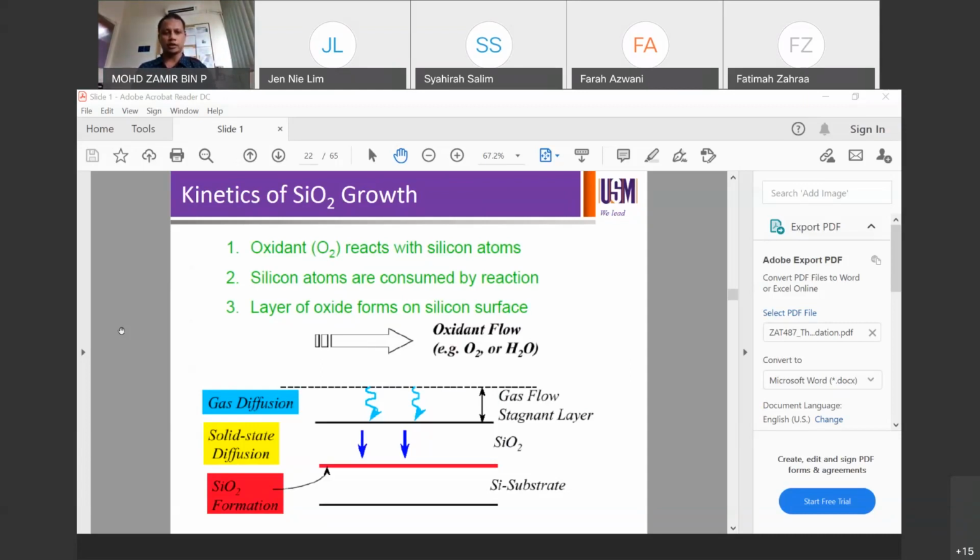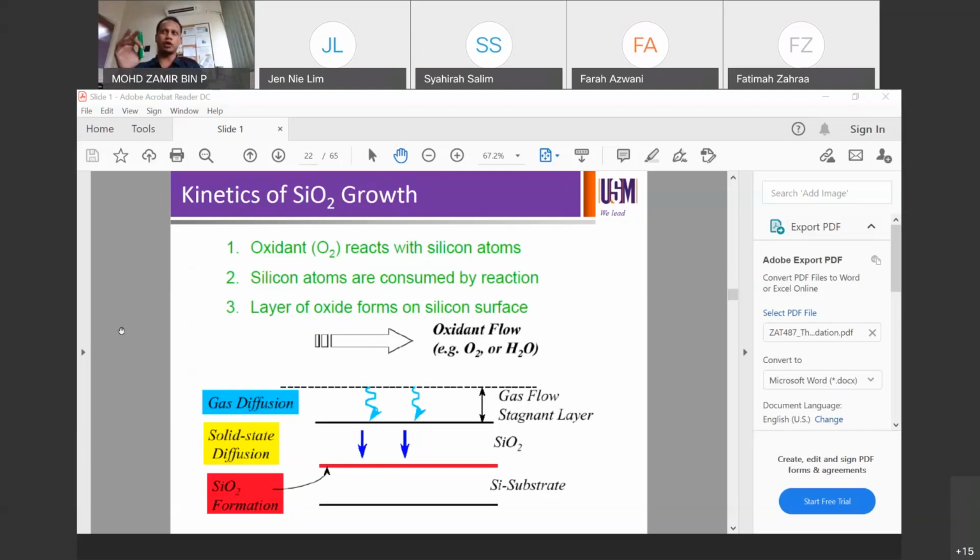The first one is the oxidant, for example your O2 or your H2O vapor, reacts with silicon atoms. Because you firstly have your silicon wafers and silicon atoms, you don't have any oxide yet, assuming you have removed your native oxide before the process. But if you start off with native oxide, or you already have an oxide layer, the reaction will be different because you already started with oxide on the silicon.